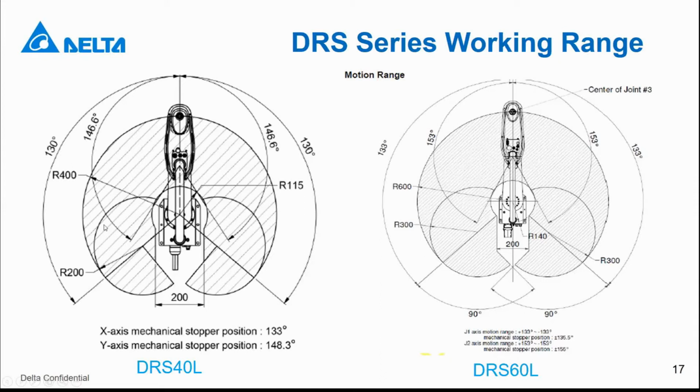In this small circle, we also indicate the radius is 200 millimeters. That means in this small circle, the robot can move in this area with a 200 millimeter radius. The right side is the same. On the right, it's the DRS60L series. You can see the working range picture is quite similar. So you can also refer to this picture to design your machine or application.